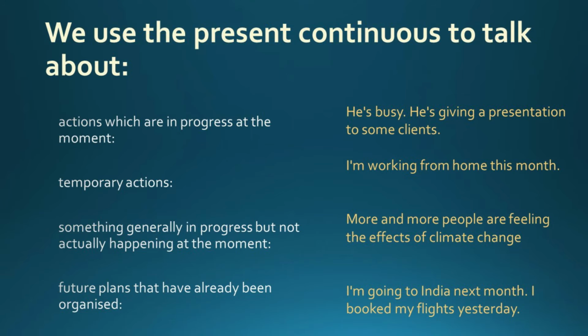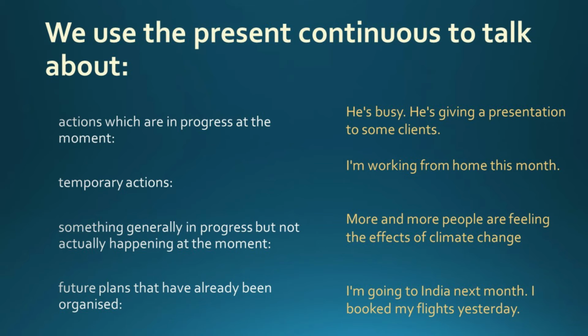Or something generally in progress but not actually happening at the moment. For example, more and more people are feeling the effects of climate change. The activity is generally in progress, but it's not happening at the moment. Or we use present continuous to talk about future plans that have already been organized.